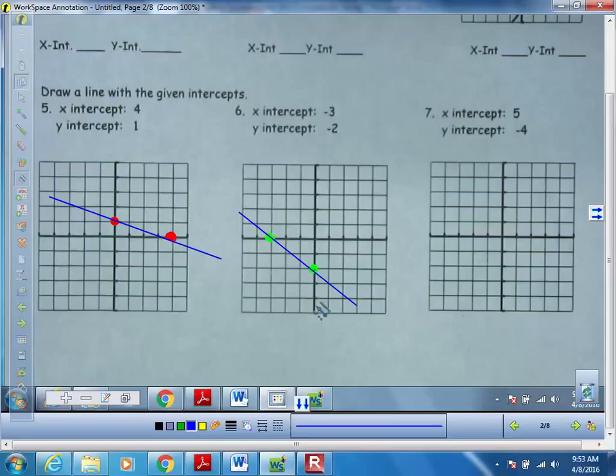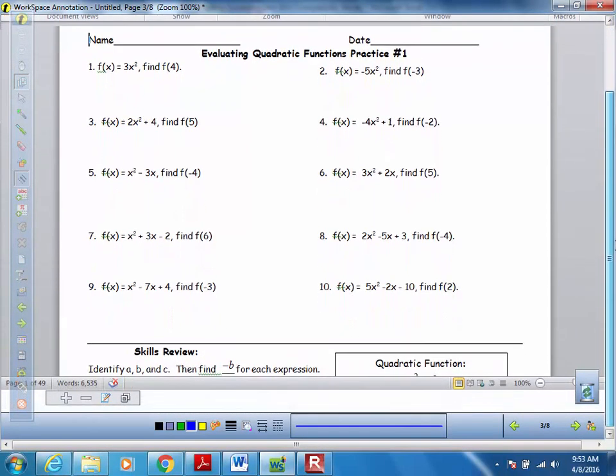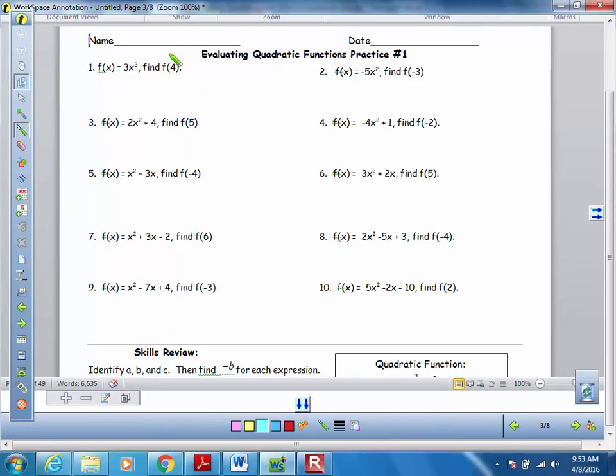Okay. Now I would like you to flip to the back of this page. Okay? We want to talk about evaluating quadratic functions. So when you evaluate, all you're going to do is plug in whatever value they give you for your x.